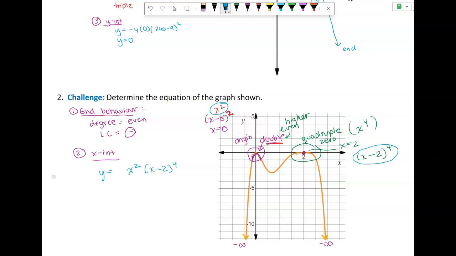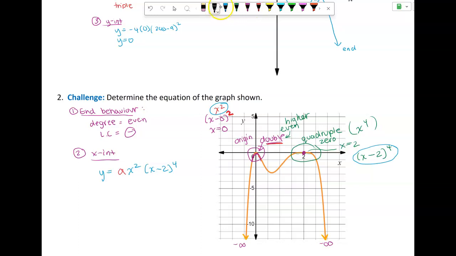But the one thing that we don't have is the value of a, and we cannot assume what that value is. We can definitely have trouble figuring out from this polynomial what that is intuitively. So you have to solve for it. How do we solve for an a value in any type of function? We find a point. So let's find a point here.